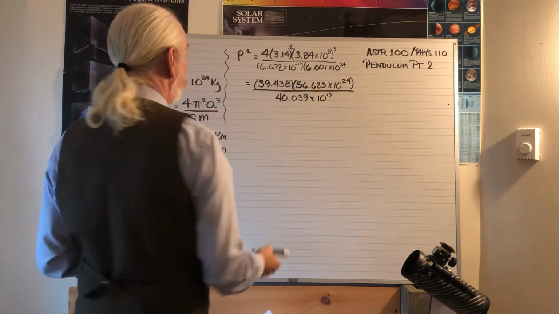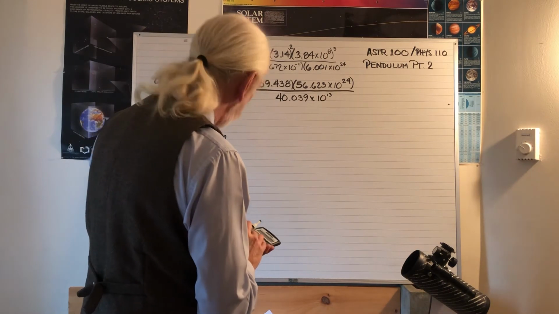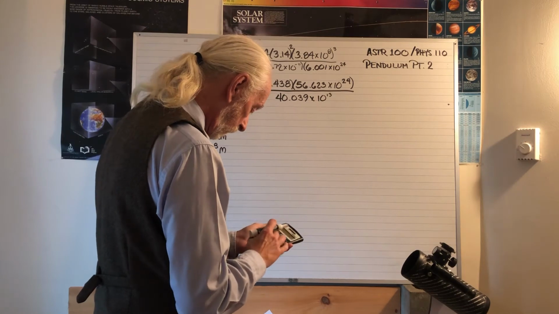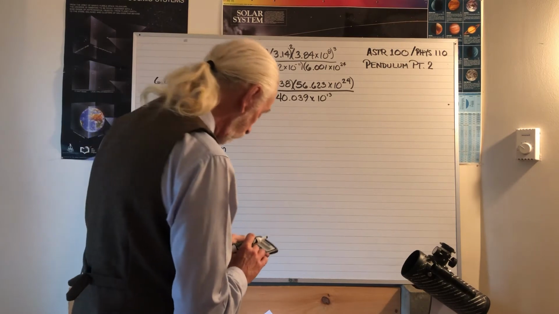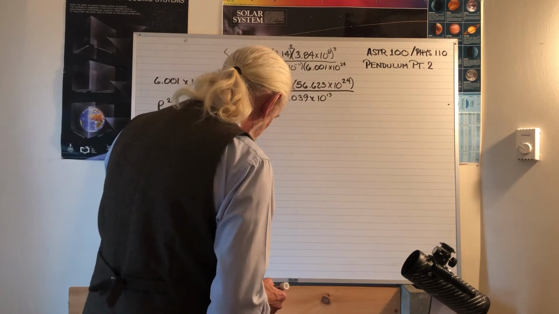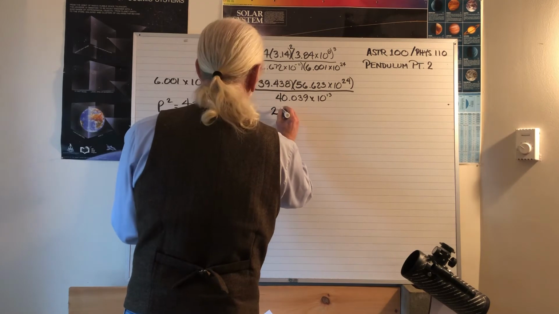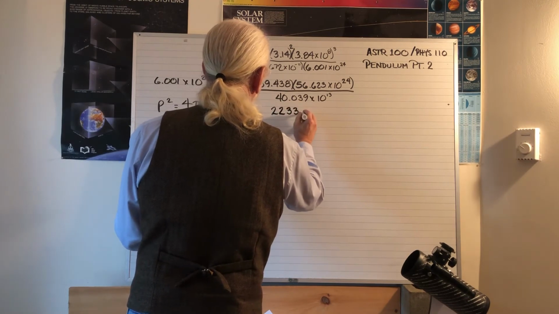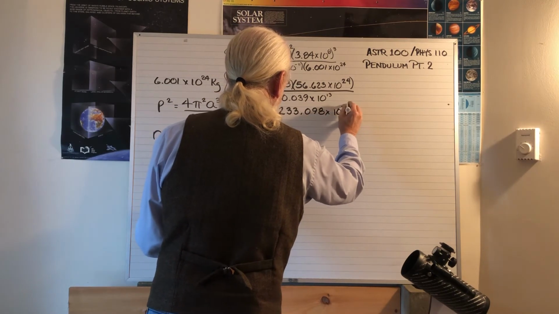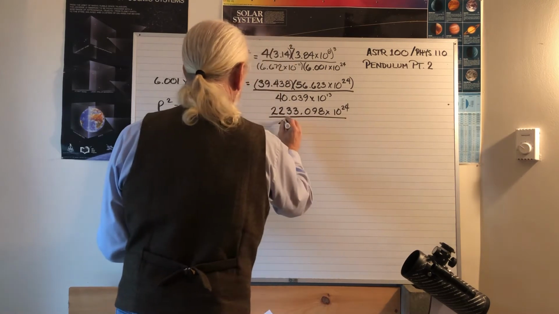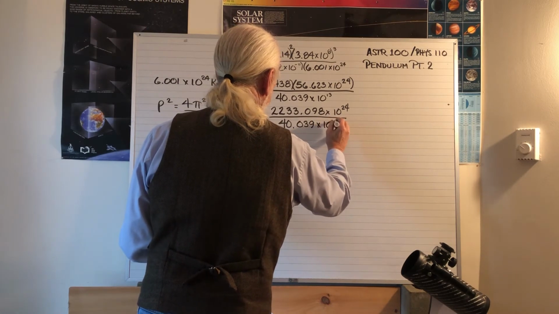Okay, we'll multiply these. So 39.438 times 56.623, 2233.098 times 10 to the 24th over 40.039 times 10 to the 13th.